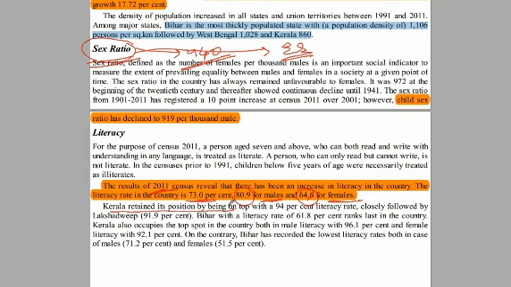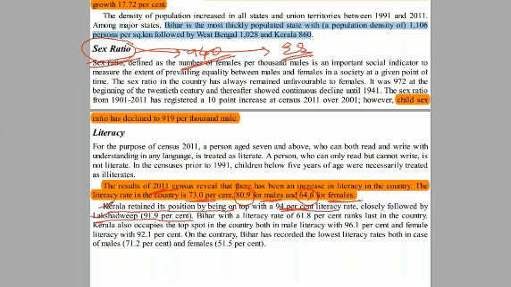Kerala has retained the first position with a 94% literacy rate, followed by Lakshadweep at around 92%. So please be very careful. UPSC may ask a question: which of the following states has the highest literacy rate, or which of the following union territories has the highest literacy rate. If the question is asked on a state, it is Kerala, and if the question is on a union territory, it is Lakshadweep.